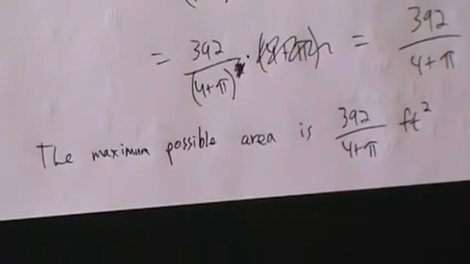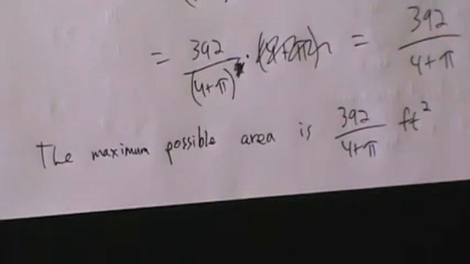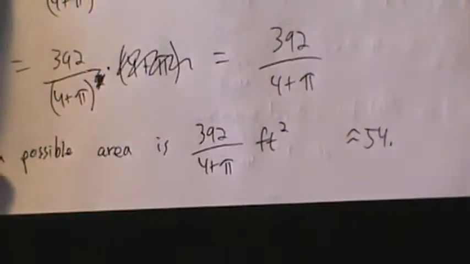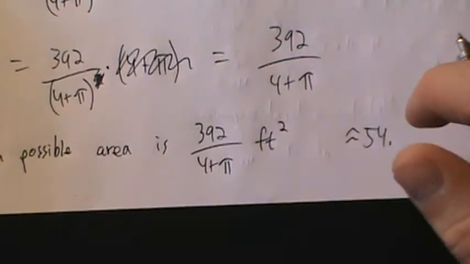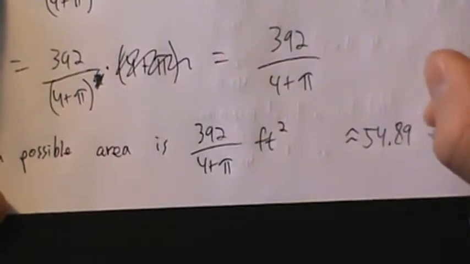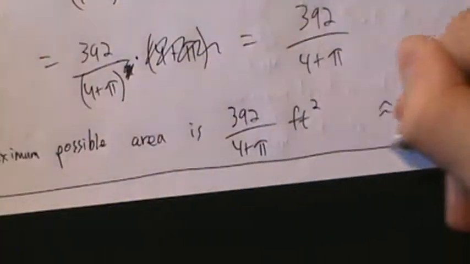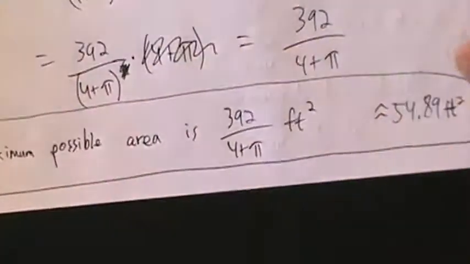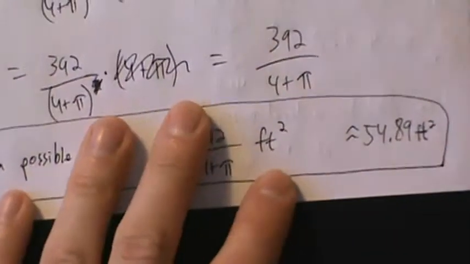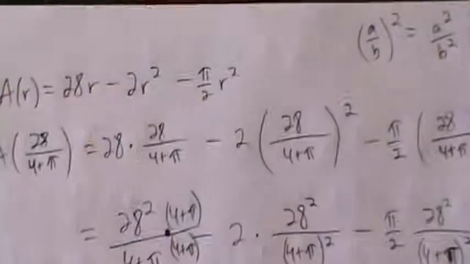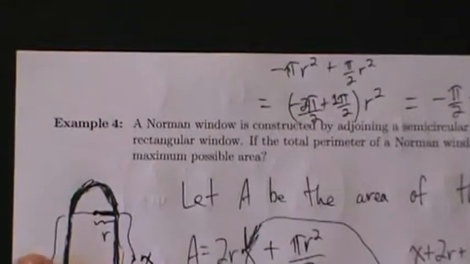And if you want to know the approximate value of that, 392 divided by 4 plus pi, that's about 54.88 or 89 square feet. Okay. So the maximum possible area is this mess here, square feet, and then that's approximately equal to this. All right, so that's it for example 4 with applied optimization.